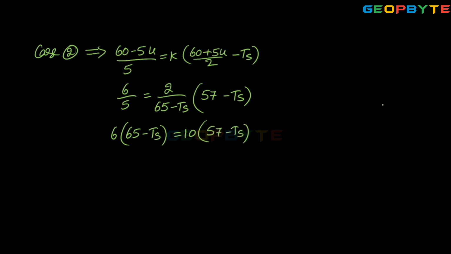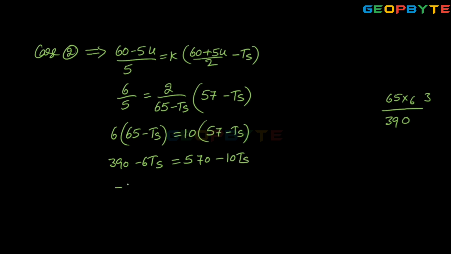From this, by cross multiplication, 6 into (65 minus Ts) equal to 10 into (57 minus Ts). 65 into 6 is 390. So 390 minus 6 Ts equal to 570 minus 10 Ts.